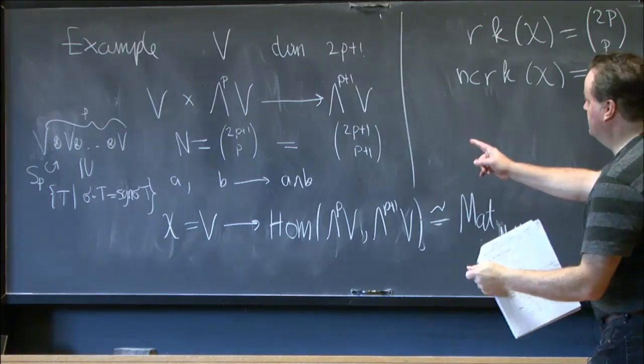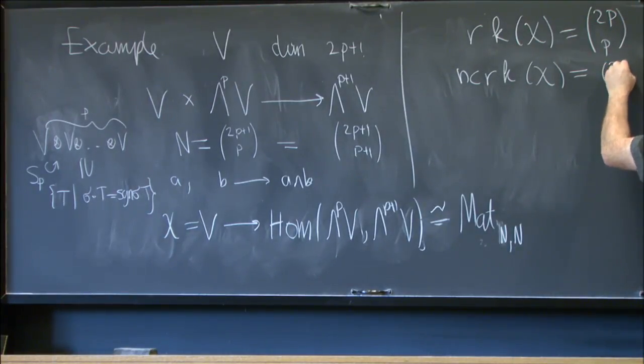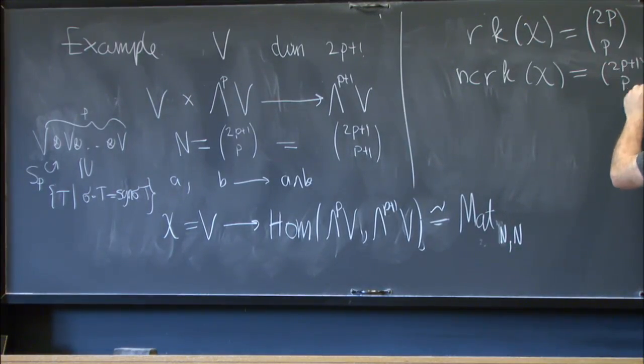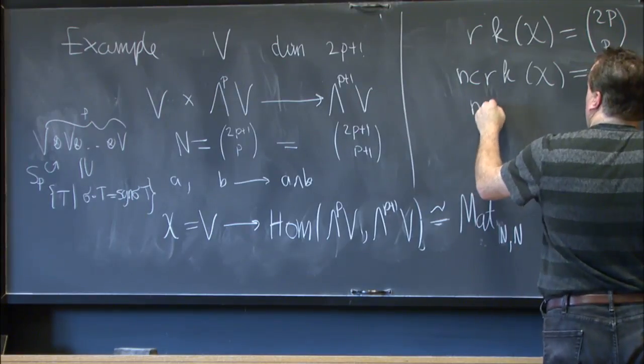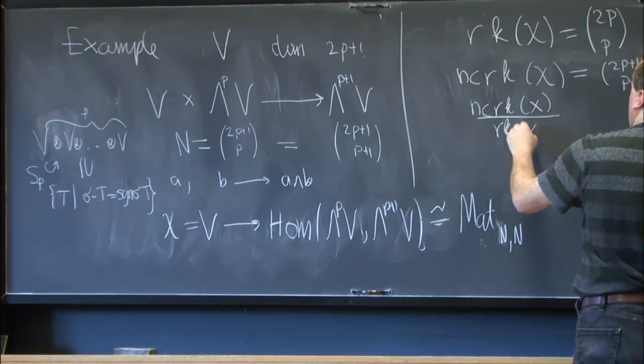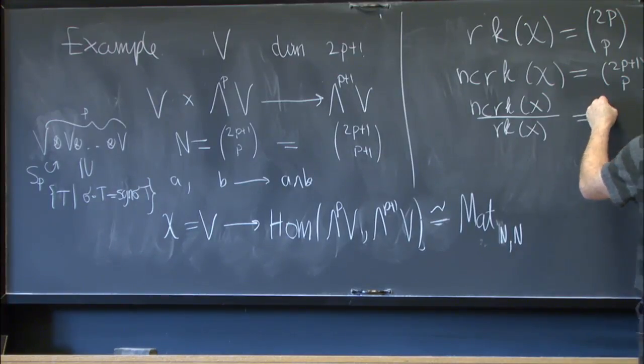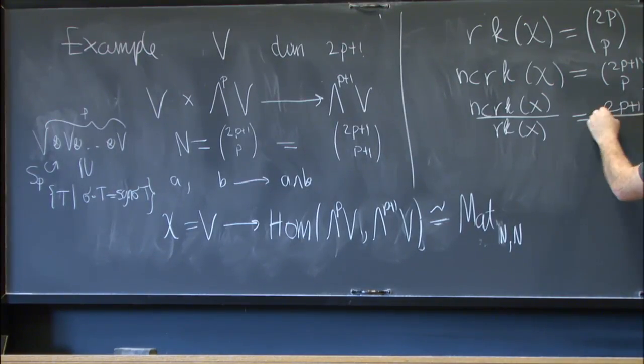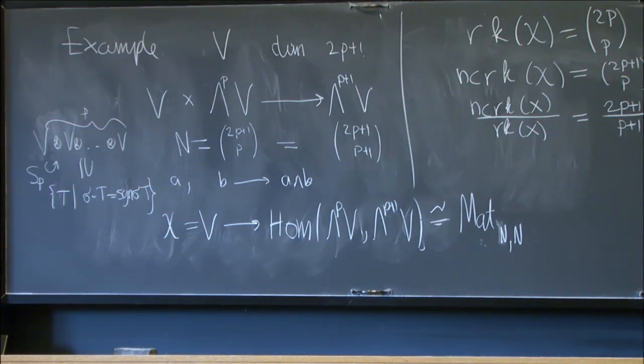That means it's this number, 2p plus 1 choose p. If you take the quotient, this is 2p plus 1 over p plus 1, which of course tends to 2 as p goes to infinity.